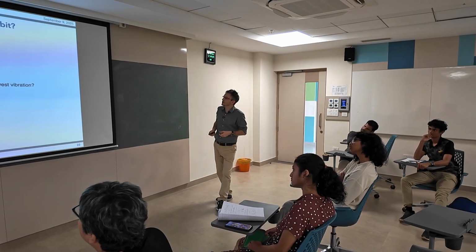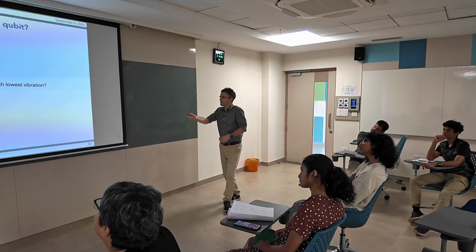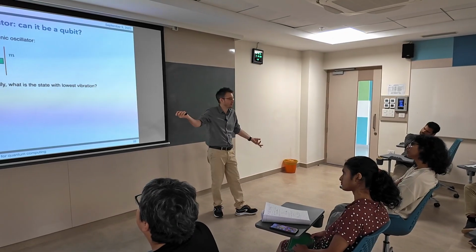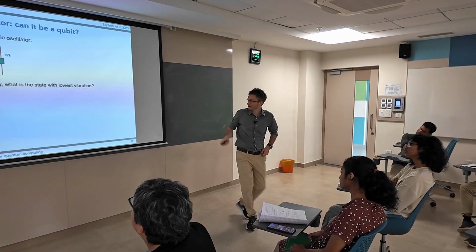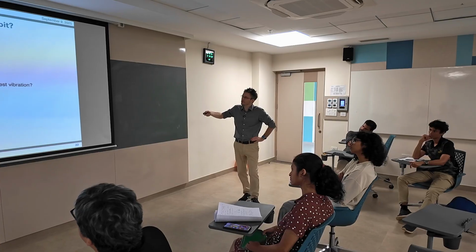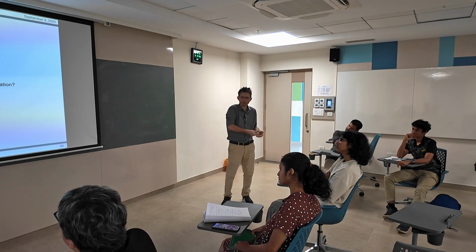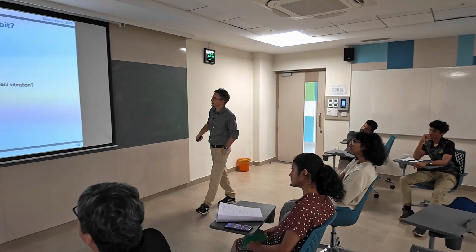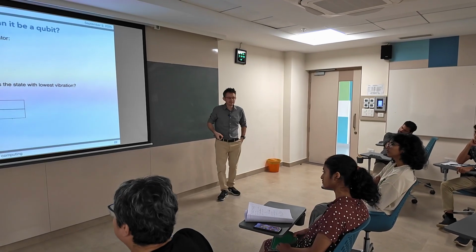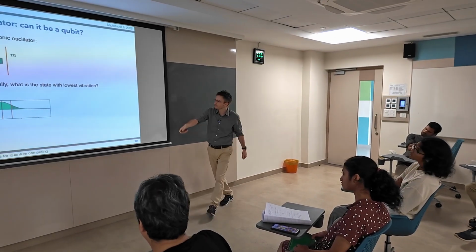Okay, so the question is, I have a mass on a spring, and let's say I want to use this for a qubit. Now, what is going to be the lowest possible state, let's say the ground state that we want to use for our 0 state for the qubit? What is going to be the lowest vibration state? Quantum mechanics tells us, again, that there's an uncertainty principle, right?